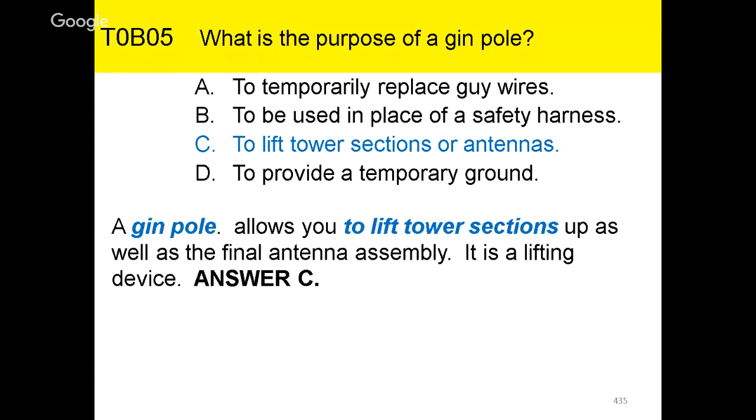And of course, once that next section is lifted in and secured, the gin pole would be disconnected, and you would go up the tower a little further and attach it to the top of the piece that you just put in place. And of course, that's presuming you have another piece of tower to go on top of that one. And then that would lift the next piece up.